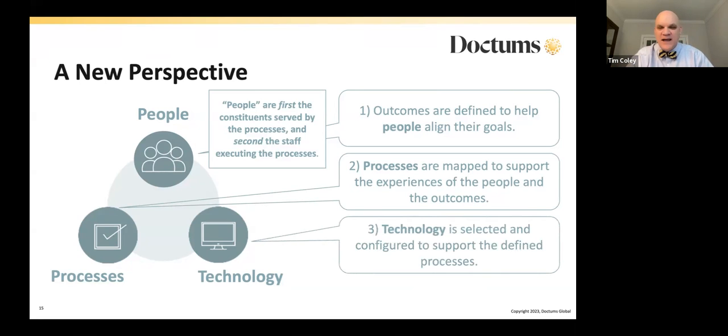And we'll talk about that in a few minutes as an example. So I won't roll this back because there's an animation and so forth, but I just want you to think about this as kind of a new perspective for that familiar, conventional people, processes, and technology approach.